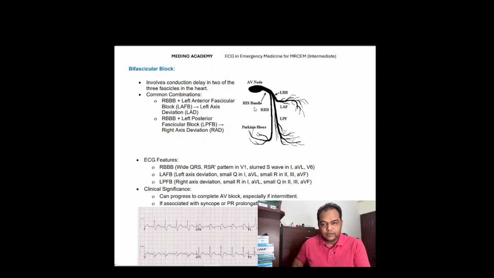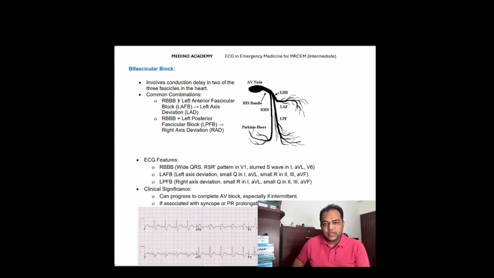Bifascicular block, we can see in this image there are three fascicles. That means right bundle branch, and left bundle branch, which is divided further into two fascicles, left anterior fascicle and left posterior fascicle. What is bifascicular block? Bifascicular block means RBBB plus either a left anterior fascicular block or left posterior fascicular block.